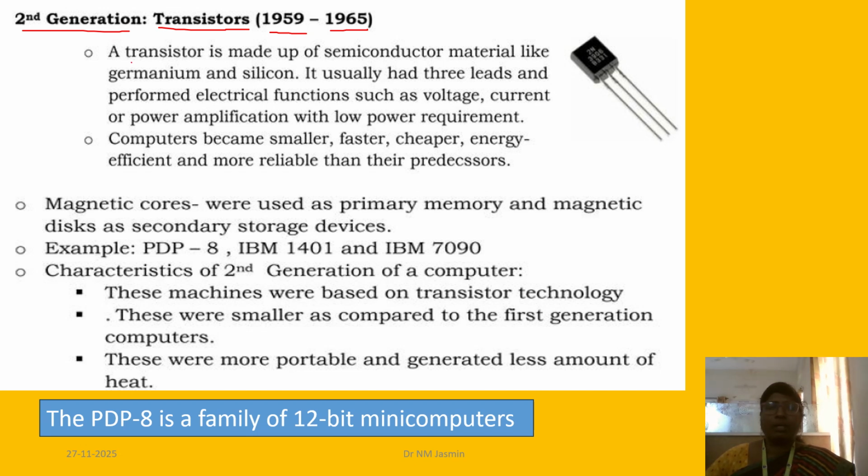Here, a transistor is made up of a semiconductor material like germanium and silicon. It usually had 3 leads. If you observe this picture, you can see it has 3 leads, and it performs electrical functions like voltage, current, and power amplification with low power requirements.